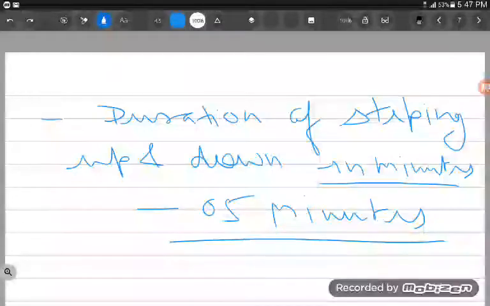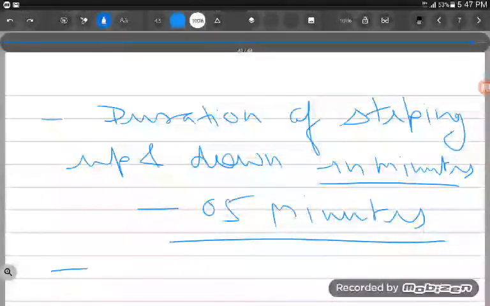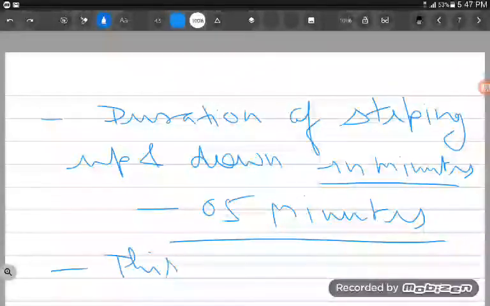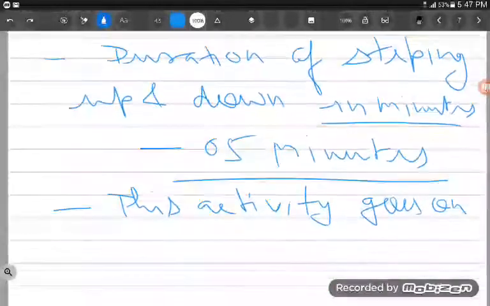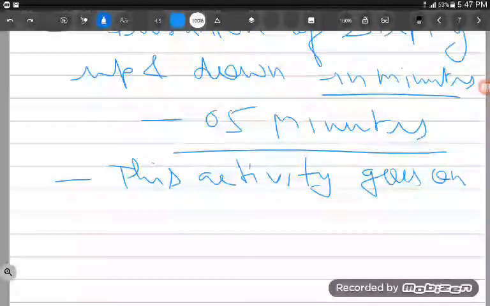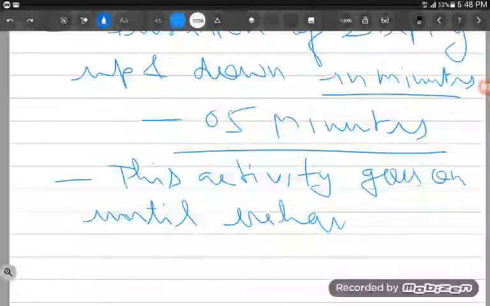Or these activities go on until exhaustion, till you are tired.